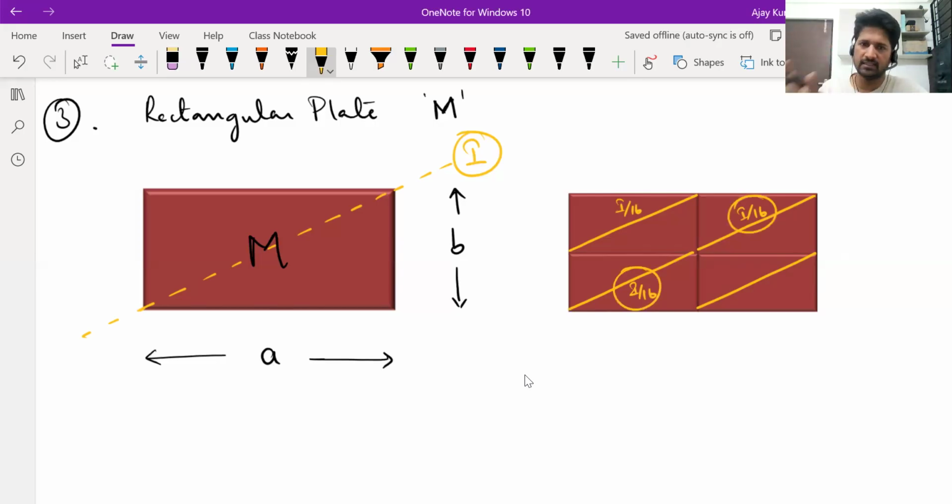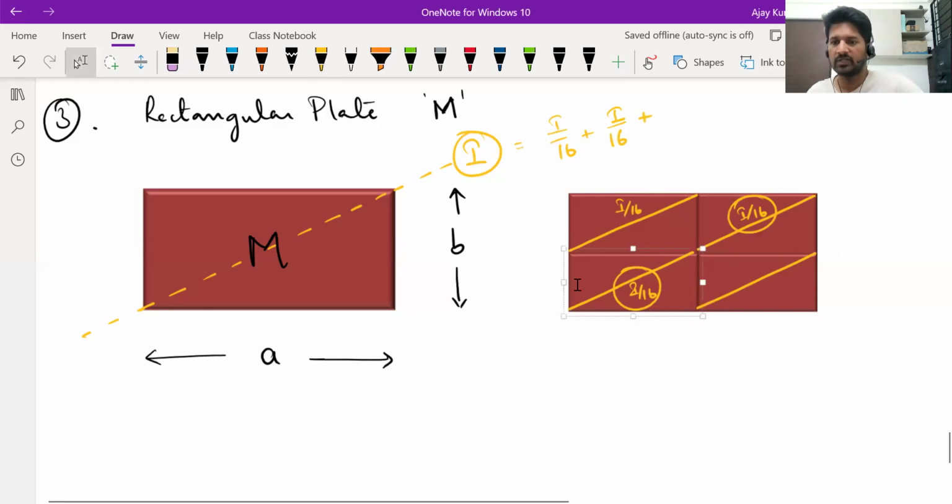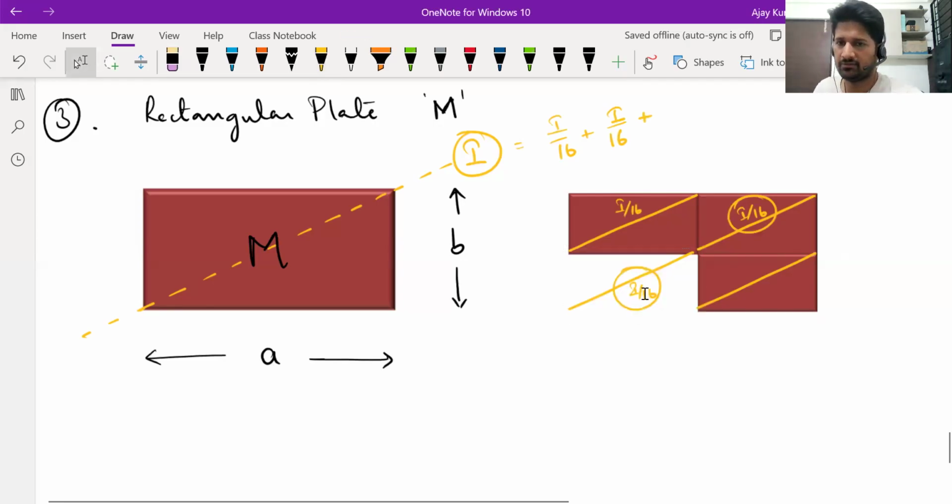So this I by 16 and I by 16 will be there in that I, plus I by 16 plus the other two rectangles that are there. Their moments of inertia about this diagonal we have to derive. Okay, let me keep this as it is. I'll copy paste.